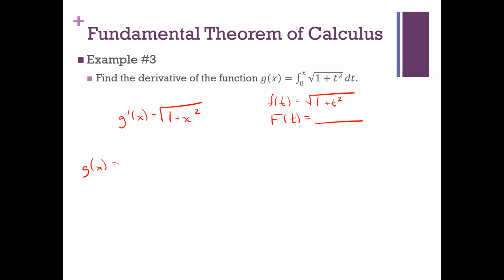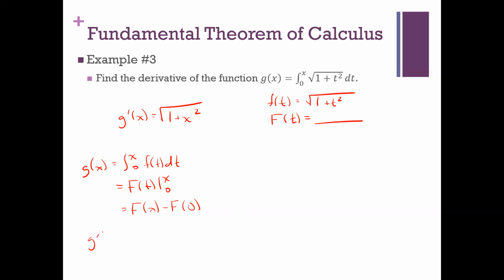G of x is equal to the integral from 0 to x of f of t dt. And I know from the fundamental theorem of calculus this is going to be equal to this capital F of t evaluated from 0 to x, which is equal to capital F of x minus capital F of 0.